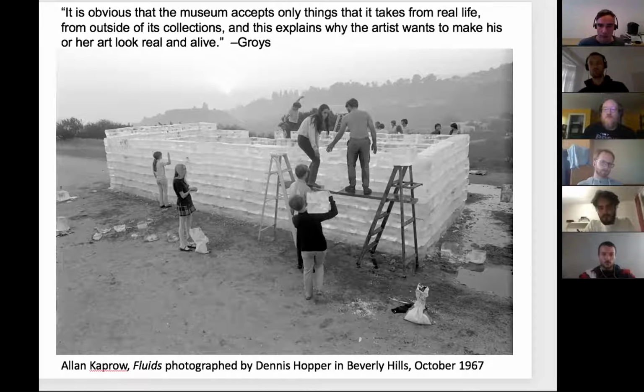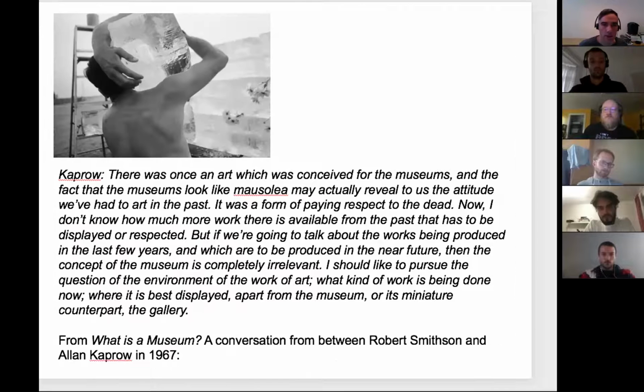Part of what's characteristic of modernism and the modernist avant-gardes is an antipathy towards the museum generally. And this comes out of North Atlantic Western conventions of art history.